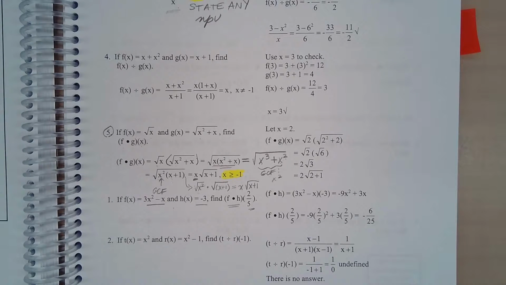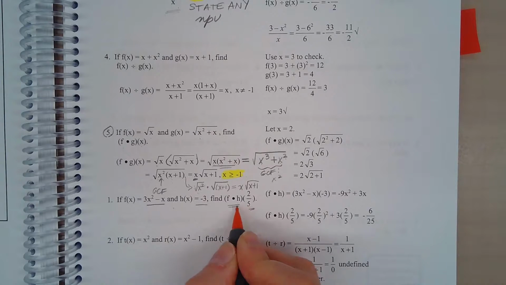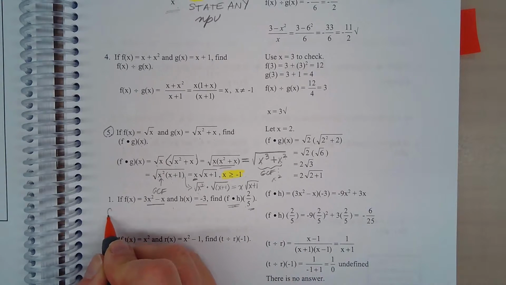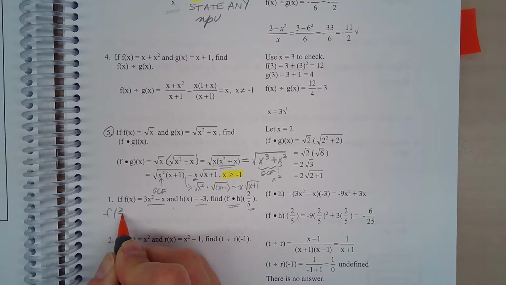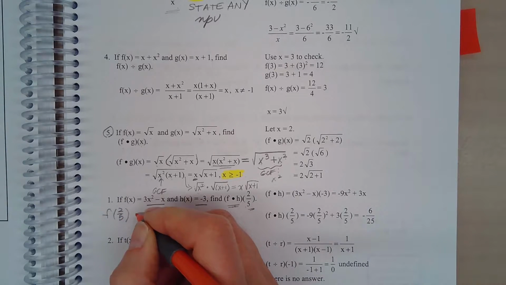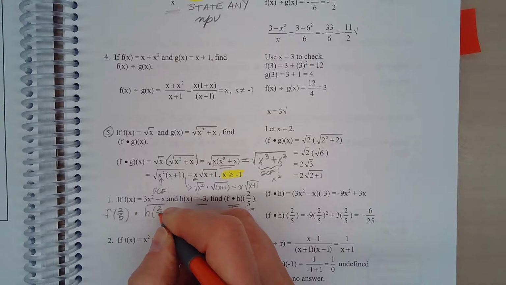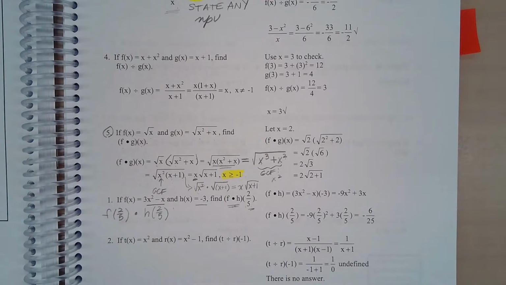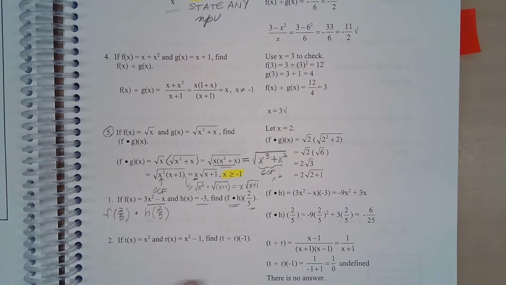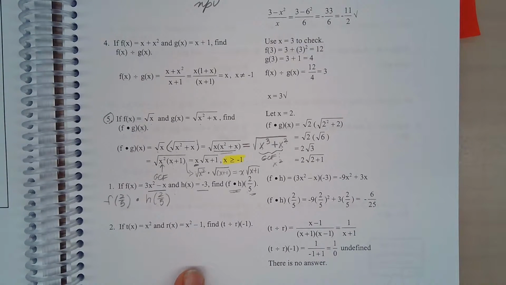I think I might do it before. I prefer doing them separately, meaning I don't like this approach. What I do is I find f at 2/5, and then I end up multiplying it by h at 2/5. Just because the statements are smaller, and to me it just seems easier, then maybe I don't even have to get into squares and stuff.